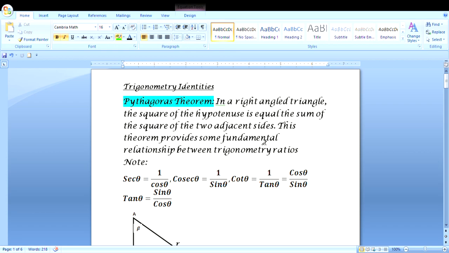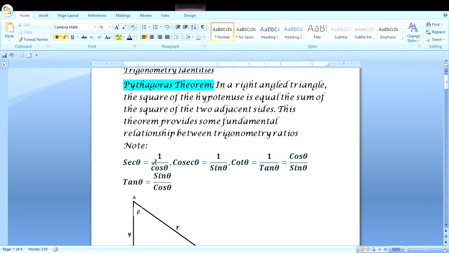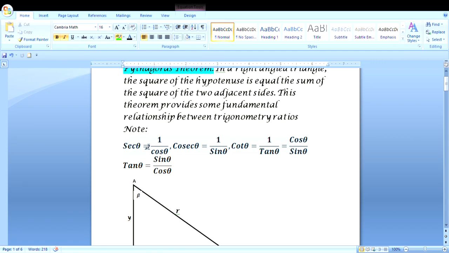Now, this theorem provides some useful and fundamental relationship between trigonometric ratios. Before we proceed, let's take a look at these identities and see what they represent. Sec theta is 1 over cos theta.